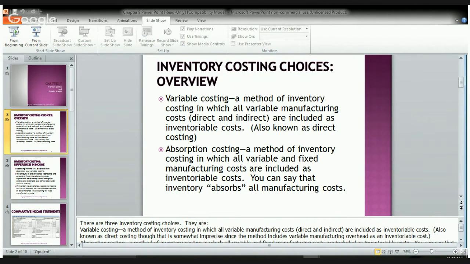And then my variable costing per unit did not change this year. So I'm going to take the $200, and I only produced 5,000 units this year. And so I'm going to take 200 times 5,000 units, I get $1 million.